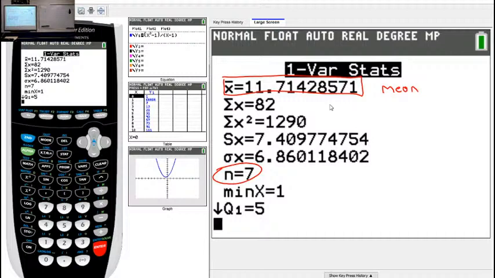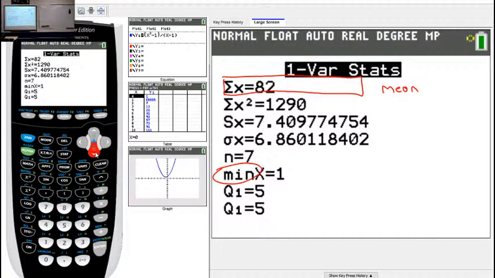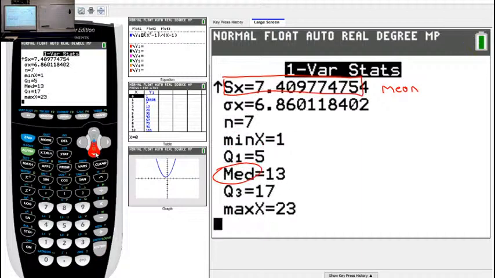Here's the sum of all the numbers. Min, the minimum, the smallest value. You should recognize, if you go down, that was convenient. MED, median, 13, that's what we got.